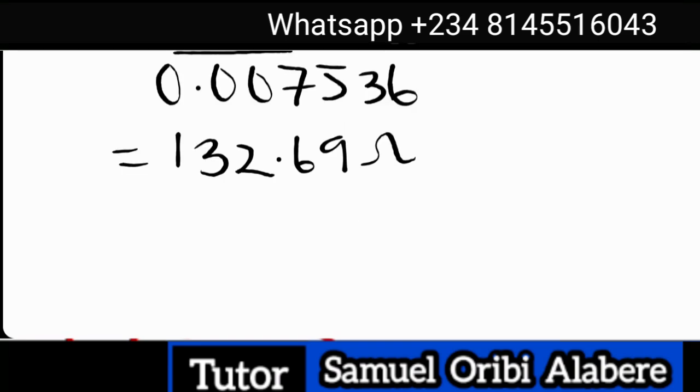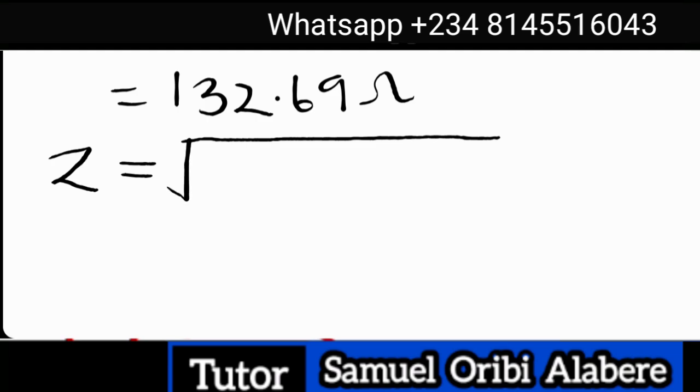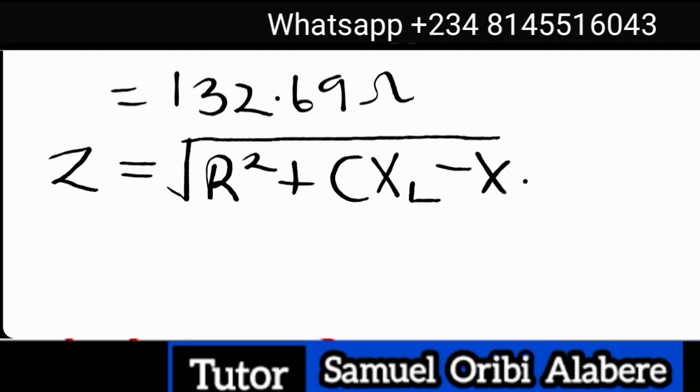So now that we have found the capacitive reactance, we are expected to find the impedance of the circuit, which is given by the formula Z, that's the impedance of the circuit, is equal to the square root of the square of the resistance plus the difference between the inductive reactance and the capacitive reactance, all in square.